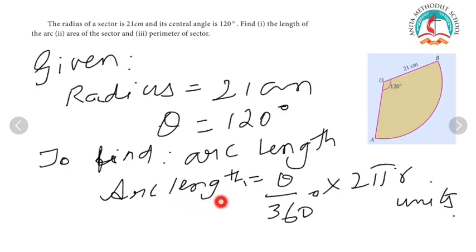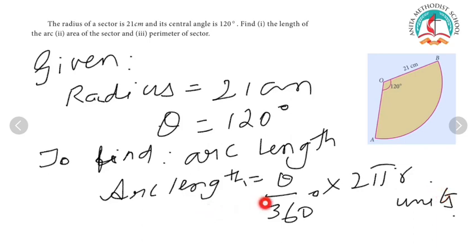To find the arc length, we have the formula theta by 360 degree into 2 pi r units. Children, listen very carefully. What is the formula for arc length? Say it.